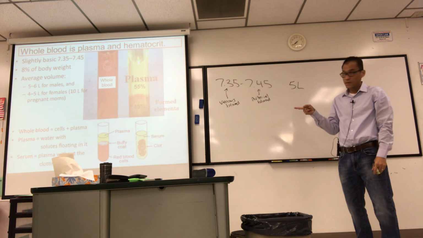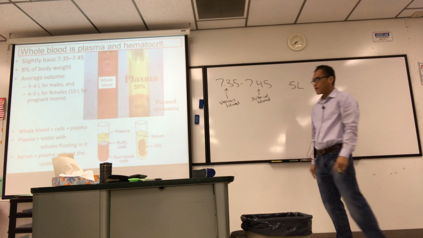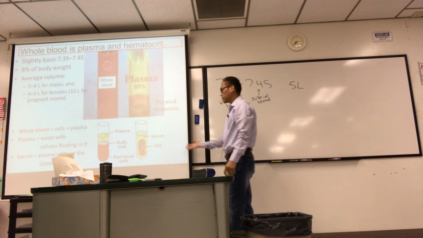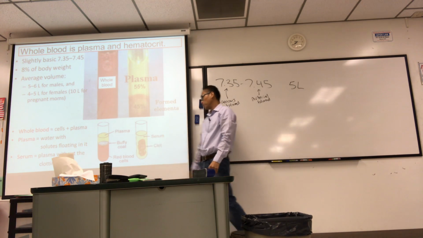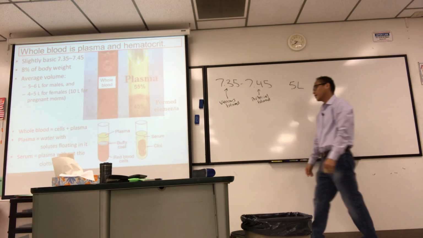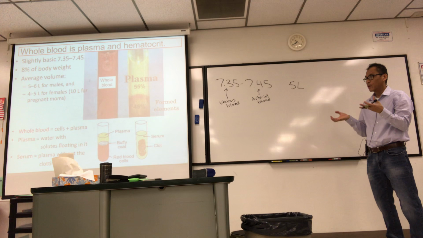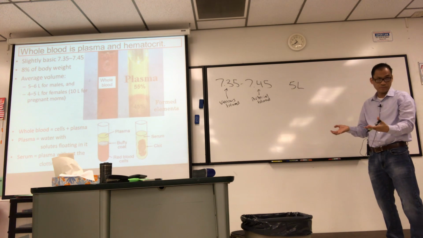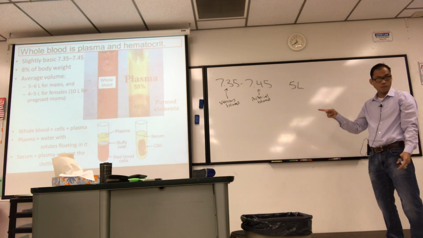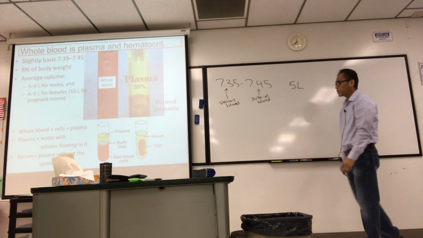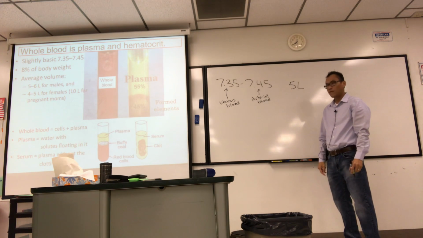Now serum, the one thing you may not know is if you siphon off the plasma and let it sit in a glass tube, the charged particles on the glass tube will trigger a clotting reaction. Okay, so you see a blood clot will form. And serum is basically plasma without the clotting factors.